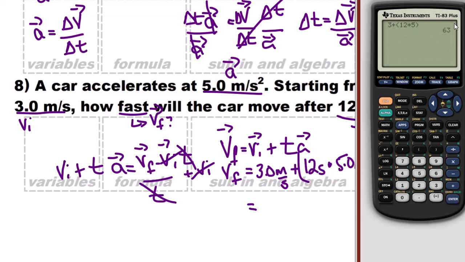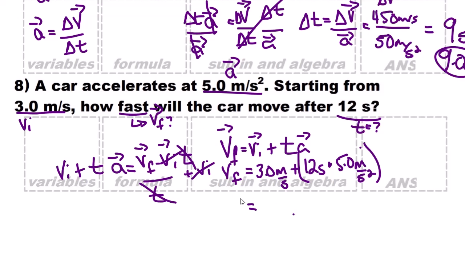That gives me 63 meters per second. And I get 2 sig digs. So my VF will be equal to 63 meters per second.